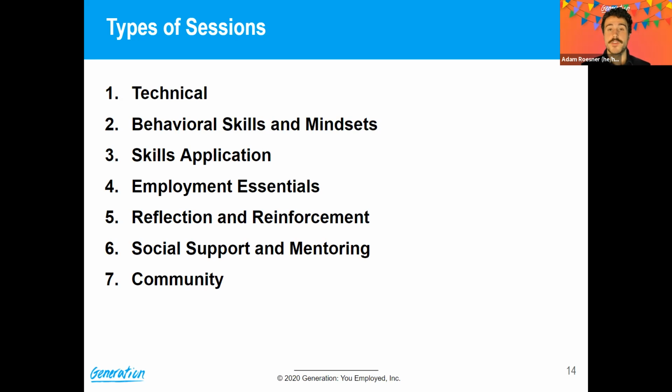And then finally, we have community sessions. These are sessions that are just meant to make us come together and see one another, as participants and peers in the same process and goal, which other sessions don't necessarily center as a theme. So those are 7 types of sessions.